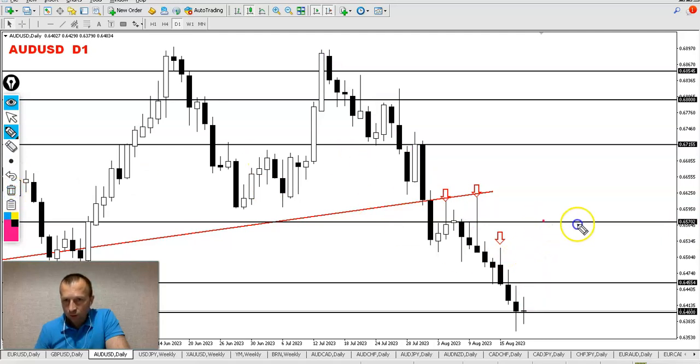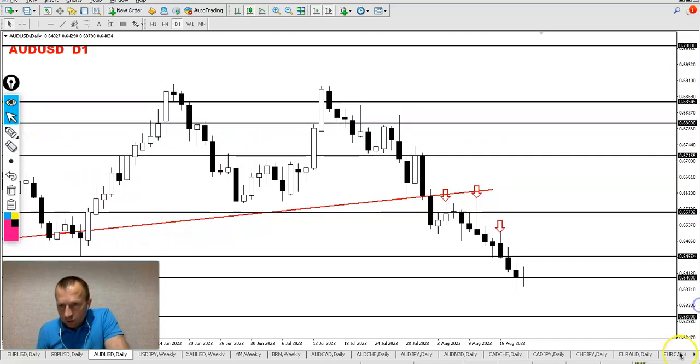So wait and see correction, and then price action signal, and sell on strength on this price action on the daily time frame, on the 4-hour time frame. But I would suggest on daily if you're a beginner, at least, especially.